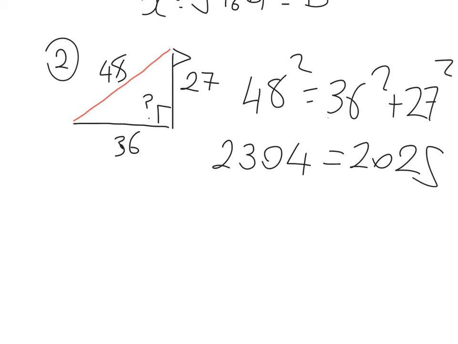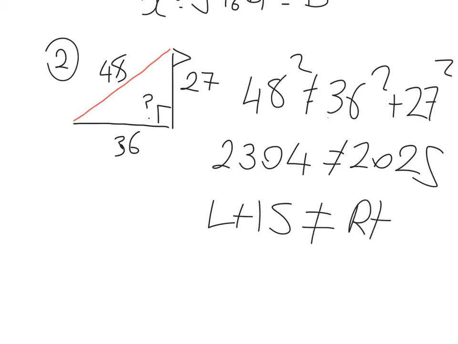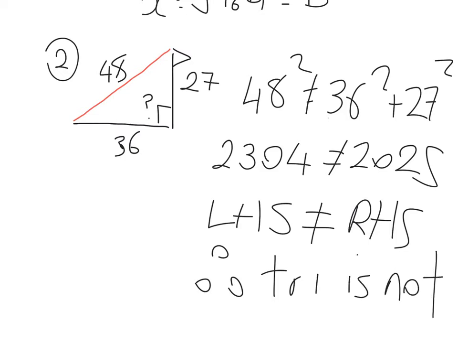At that point, obviously Pythagoras didn't work, and I would need to revisit that statement. 2304 is not equal to 2025, which means 48 squared is not equal to 36 squared plus 27 squared. So LHS does not equal RHS. Therefore, triangle is not right angled.